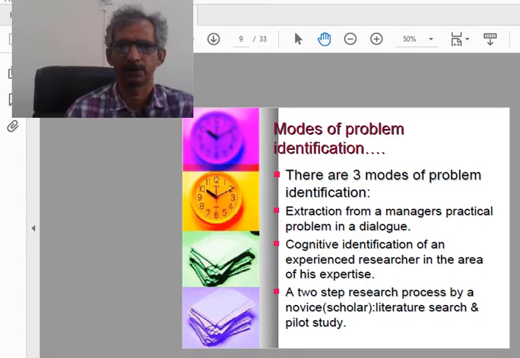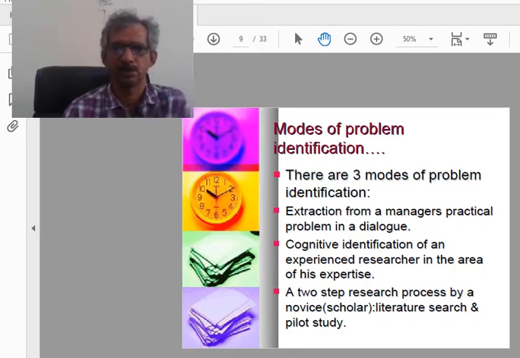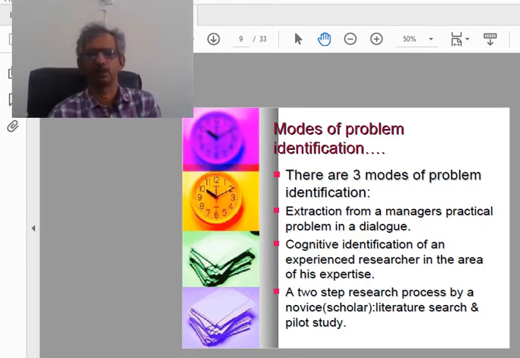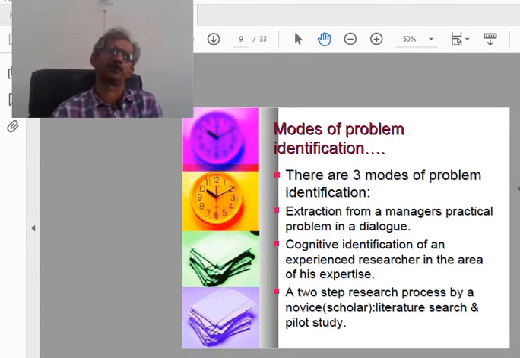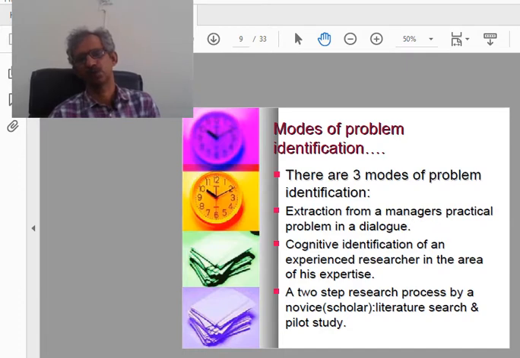Modes of problem identification. What are the ways and methods of identifying the problem? There are 3 modes of problem identification. First, extraction from a manager's practical problem in a dialogue. When we have a discussion with the manager, the researcher, being an expert in understanding, can extract what issue or problem the organization is facing.